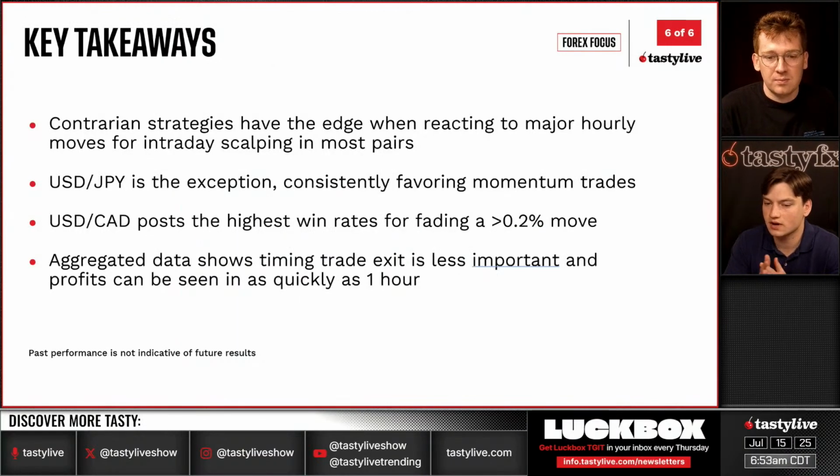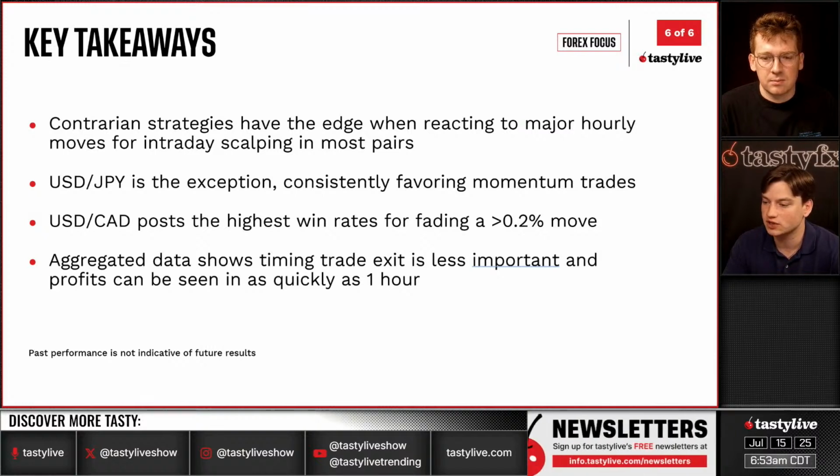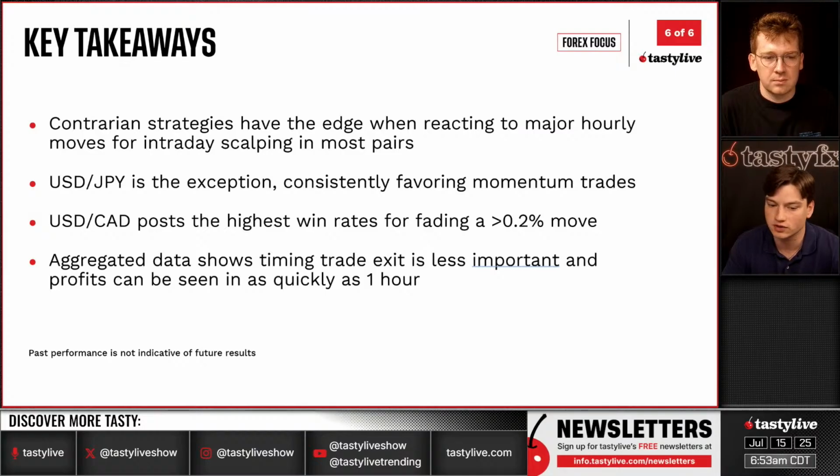Exactly. So covering just our key takeaways here: contrarian strategies, using this entry criteria, have the edge when reacting to these major hourly moves when trying to take these positions off intraday in most pairs. Dollar yen is the exception, consistently favoring momentum trades.